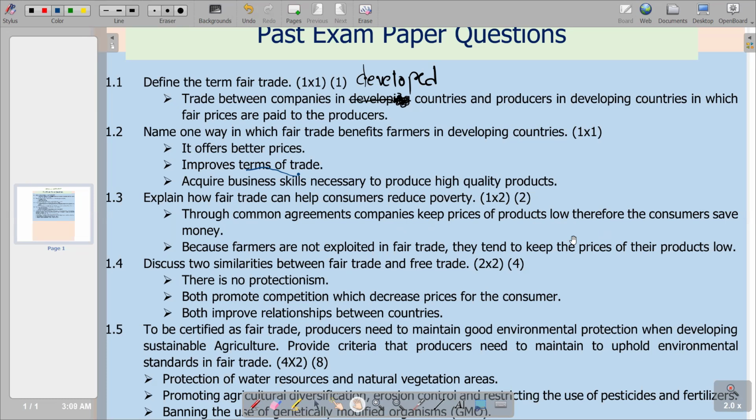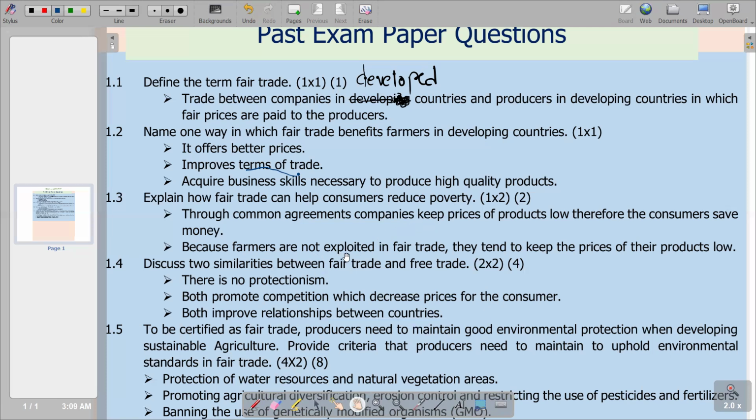So obviously, they are going to be left with more money to spend on other expenses, their daily expenses. In that sense, the poverty is being reduced. Or basically, the cost of living of the people in the developing countries is going to be reduced.